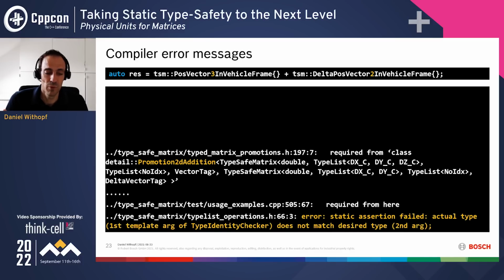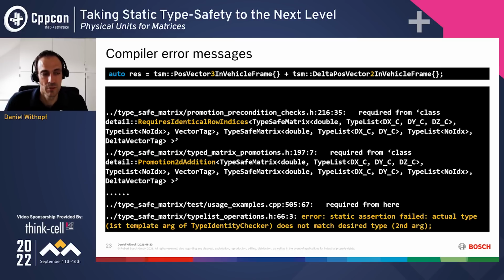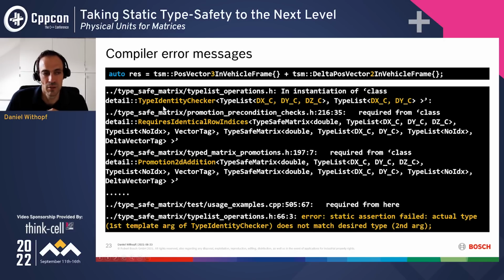So this came when we executed an addition operation. And we can also see that requires identical row indices failed because the row indices in that addition are not identical. Last but not least, we can see from the type identity checker instantiation that the two row index lists are not identical, which is the cause for the compilation error.